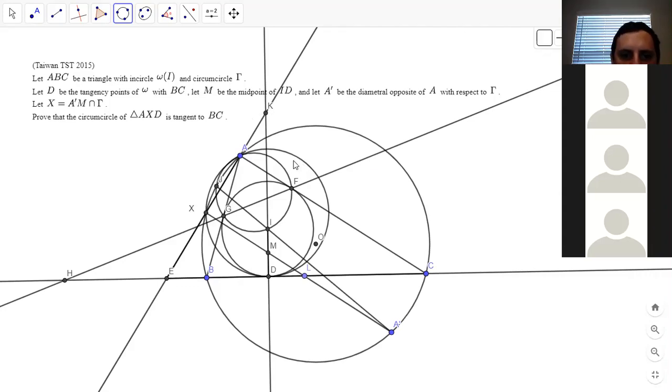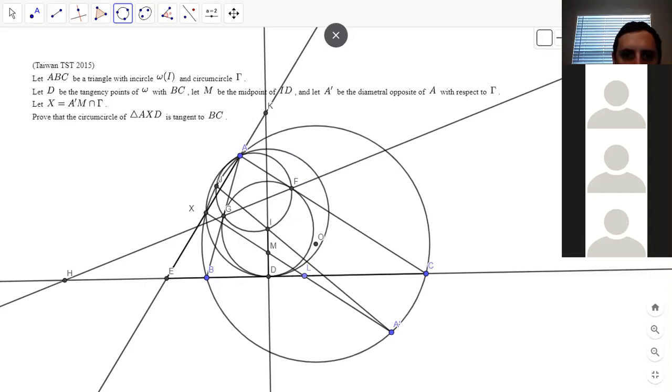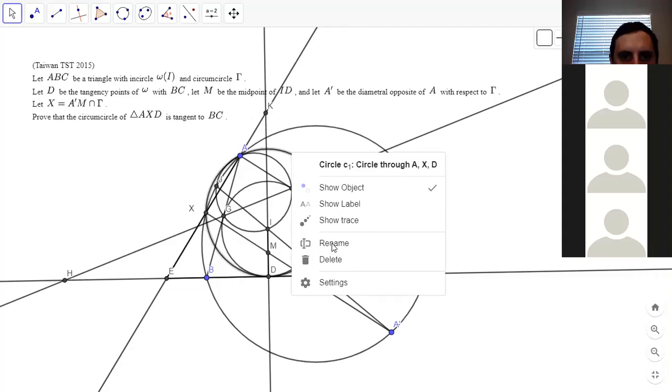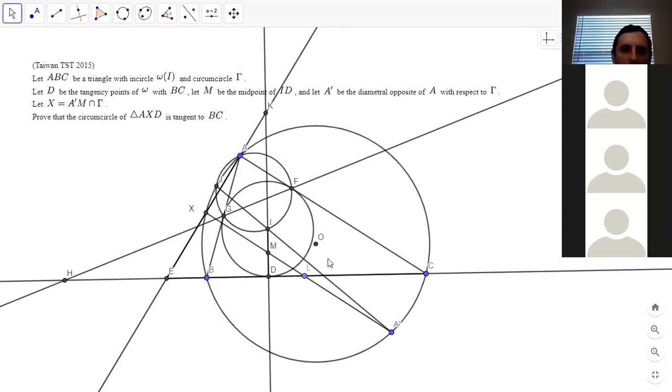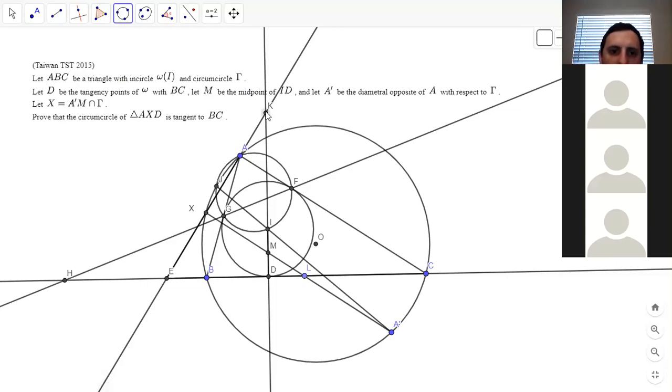Wait, so sorry, I should erase that circle, but so yeah, AD is parallel to KL, but we know that KXDL is cyclic.